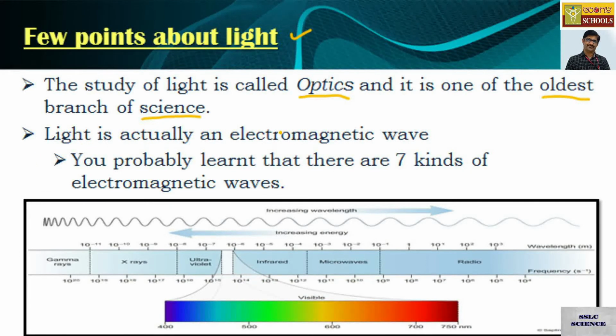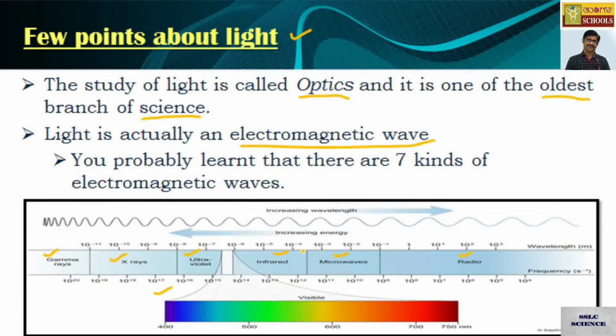Light is actually an electromagnetic wave. You probably learned that there are 7 kinds of electromagnetic waves present. They are gamma rays, X-rays, ultraviolet rays, visible spectrum or visible light, infrared light or infrared rays, microwaves, and radio waves.